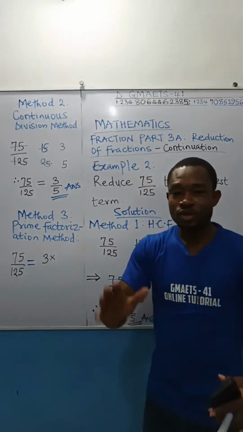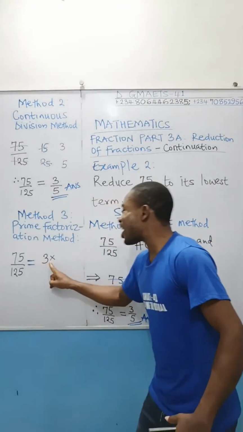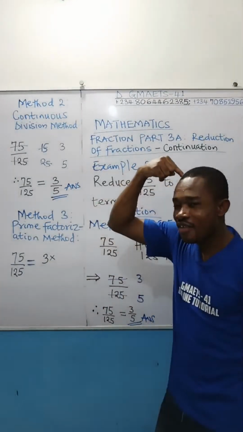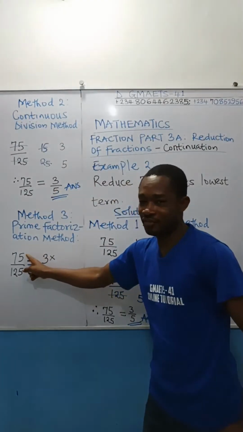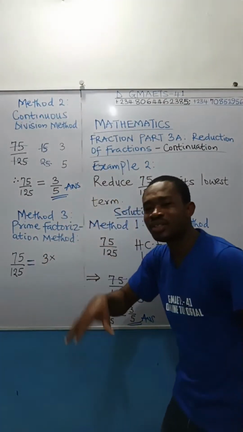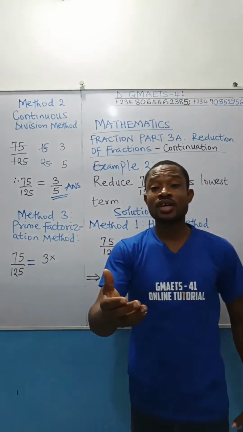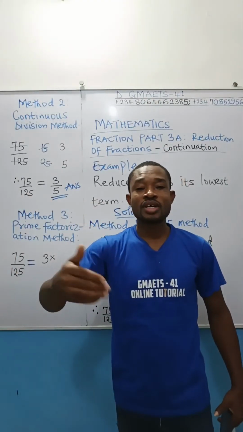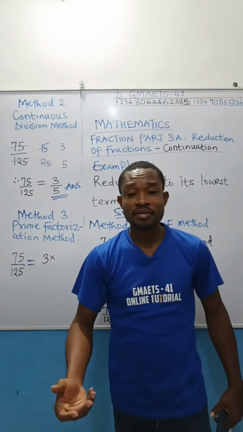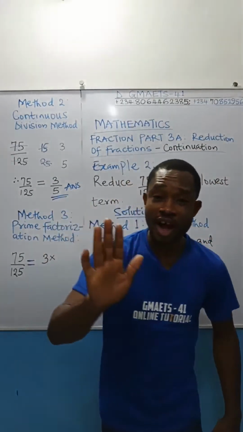So this is what we are going to do. Here, the network of our brain will be active. 3 times 25. Have the 25 in your brain now. Will give you 75. Now, that 25 can be broken down again to prime numbers. How? You ask yourself, which number is the smallest number that can divide 25? And the smallest number that can divide 25 is 5.